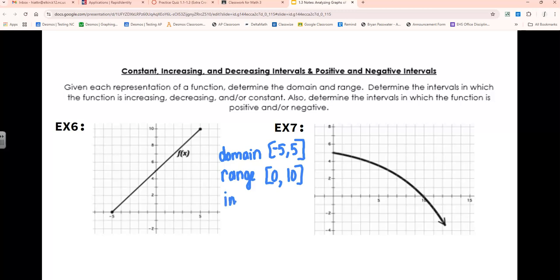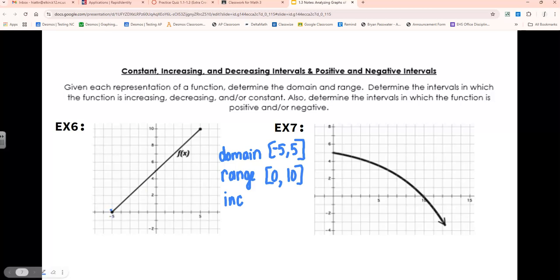This function is not too bad for increasing, decreasing, and constant, because if I'm going from left to right, this function only does one thing. Is it increasing, decreasing, or constant? It is increasing, right? So this one's increasing the whole time, which means your increasing is going to be the same as your whole domain. The whole function is increasing.